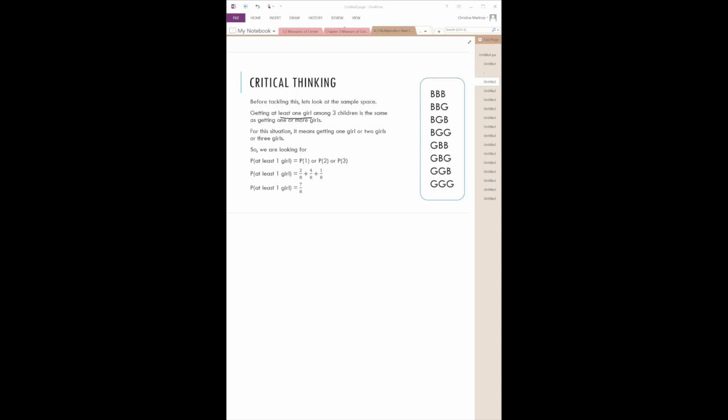So from here, this is what we need to remember. Whenever you have that at least one case, it means you are getting 1, 2, or 3 girls in this. So what that really entitles us is the at least statement. At least one, it really means we need to get 1 or more of our specific case.